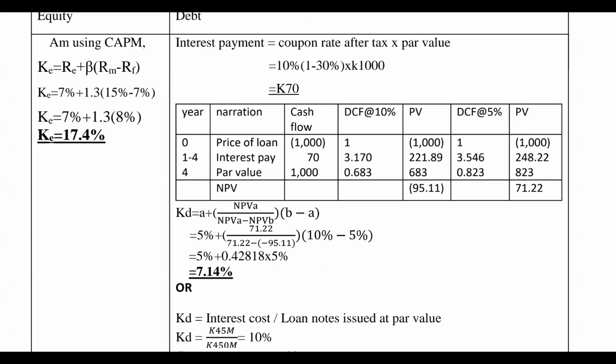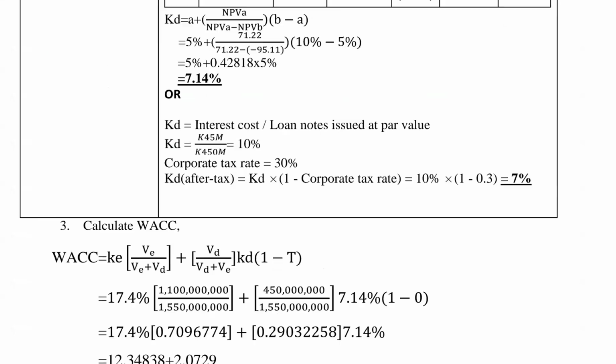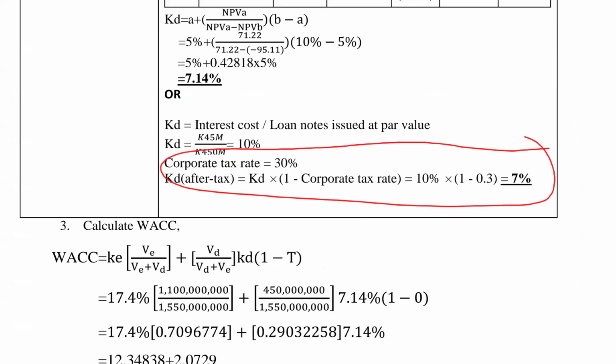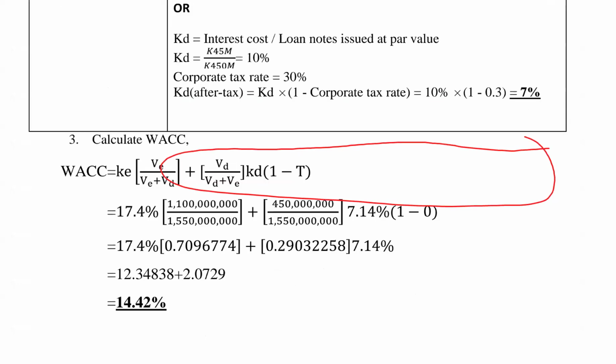Capital asset pricing model. You remember it? It's easy to teach at this point because you have already understood. You remember this? And then you remember your work. That's 7%.